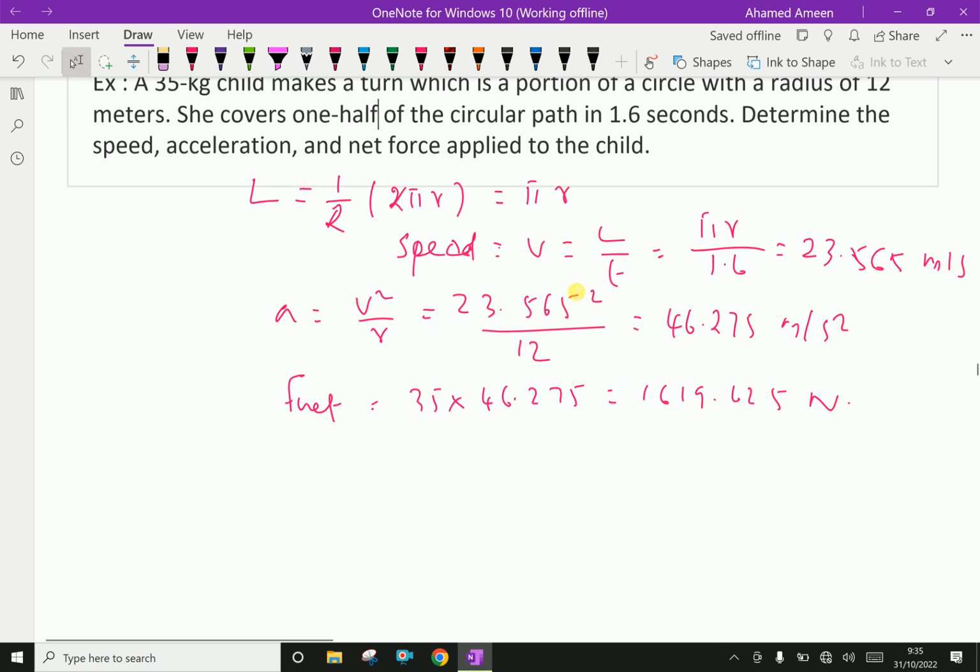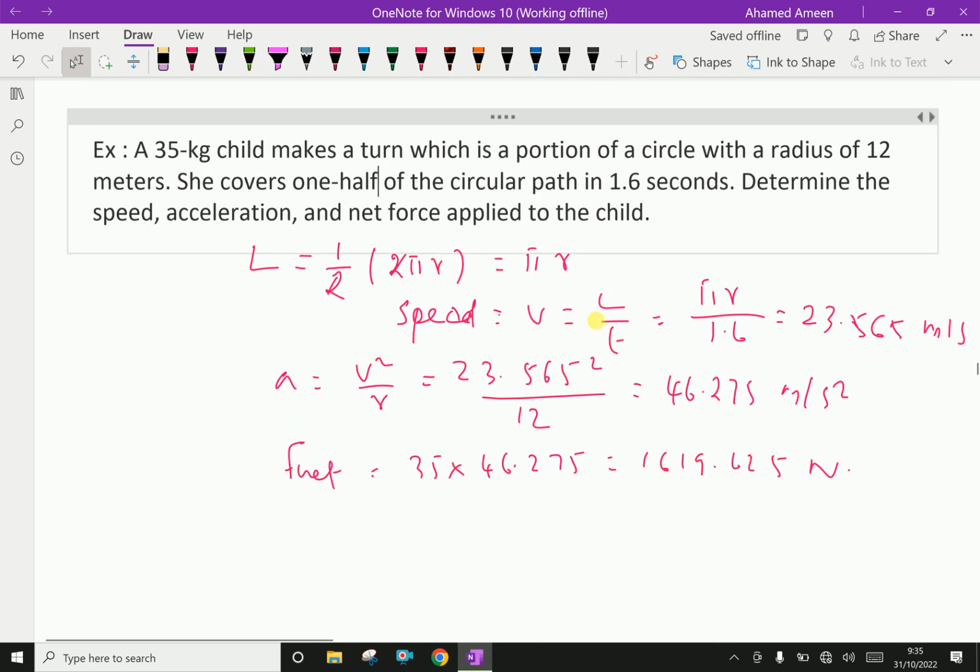Now from that we found speed. Speed is distance by time, we use pi r by T. From that acceleration is found, that is v square by r. Then further, F net, the net force, is MA.